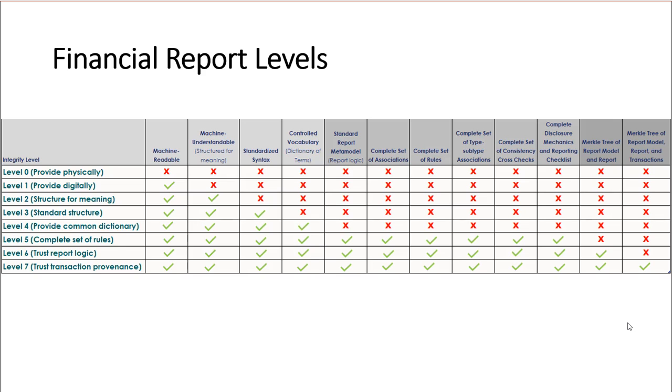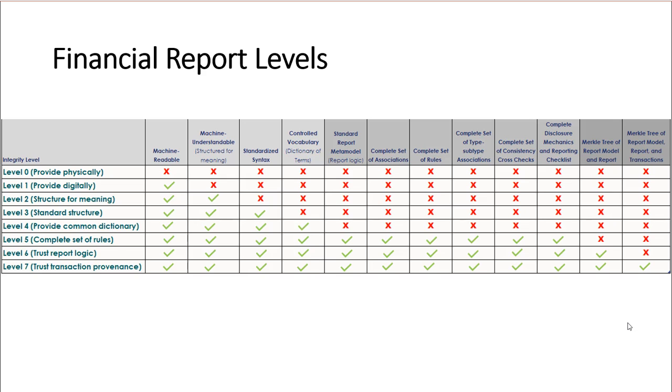When you verify a report, I'm not going to explain this in detail, but basically a report has different levels, and level 0 is it's not even machine readable, and level 7 is it's machine readable, and you're using things to help trust the information to make sure it hasn't been tampered with, and you have an audit trail and so on.